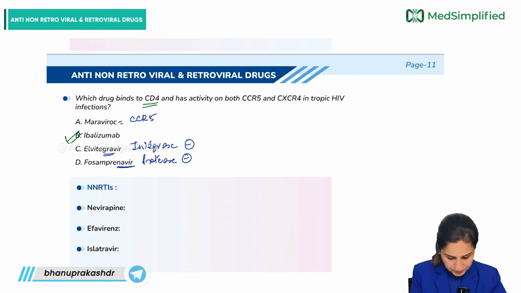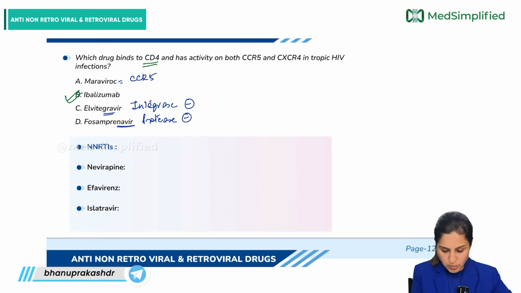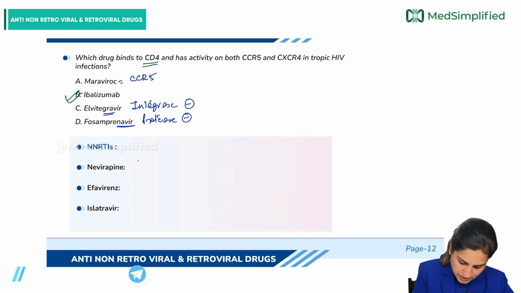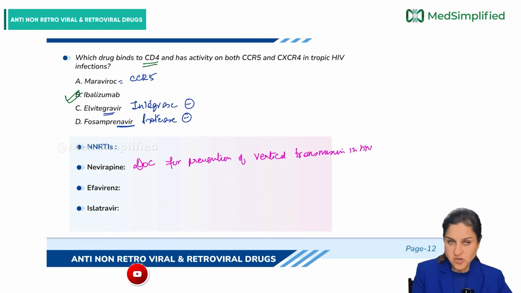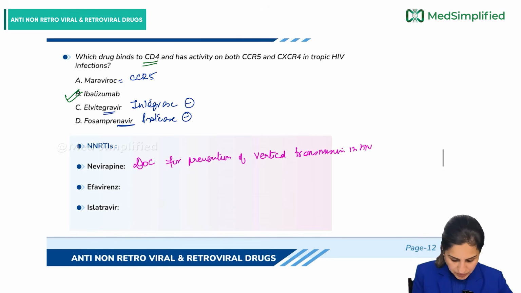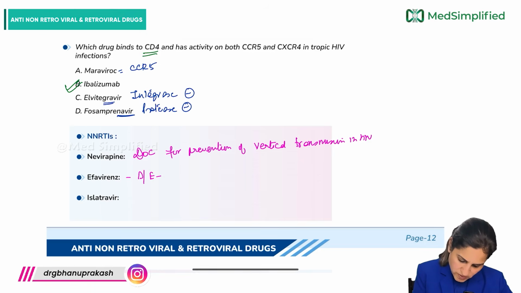Remember this way. Then we have NNRTIs. Here we have nevirapine. So important thing to know about nevirapine, it is the drug of choice for prevention of vertical transmission in HIV, right? So from the mother to baby prevent. Efavirenz, remember it has a one major drawback, which is psychosis.